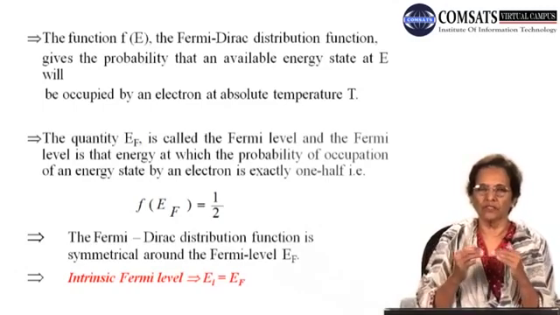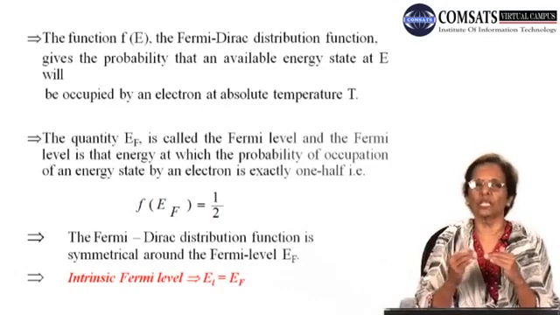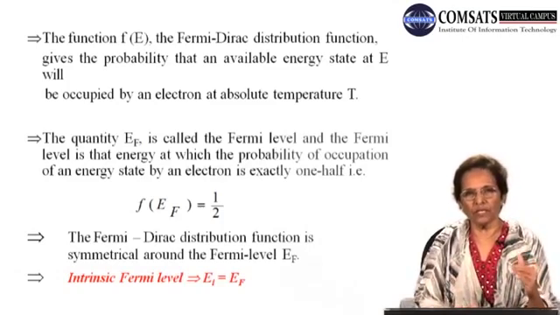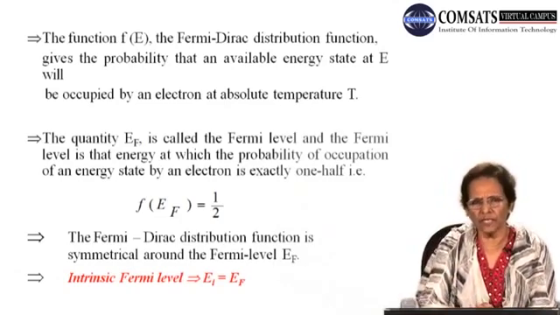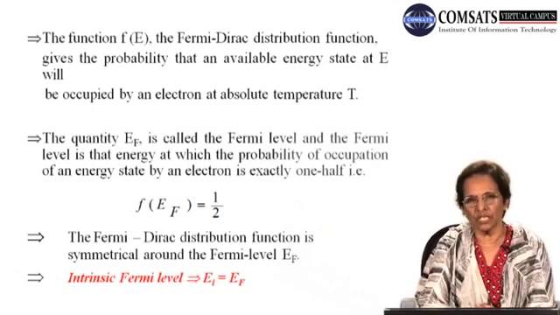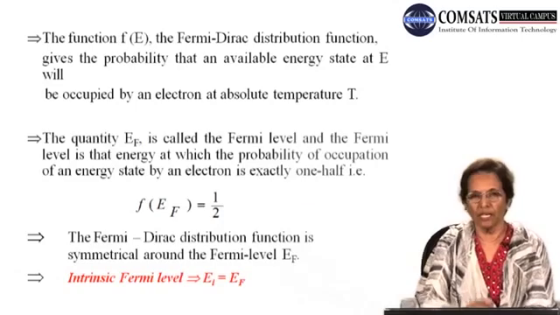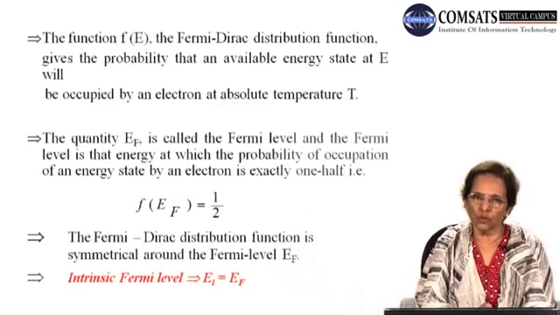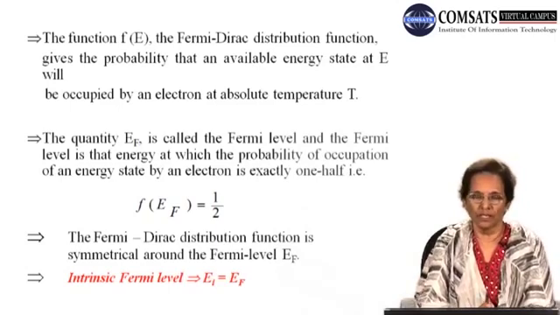So F(E), the Fermi-Dirac distribution function, gives you the probability whether a given discrete energy state is occupied by an electron or not. If it is occupied, it gives you the probability of occupation by an electron. If it is empty, that is a hole. Then you say a hole is present.